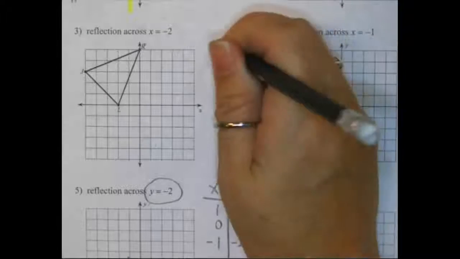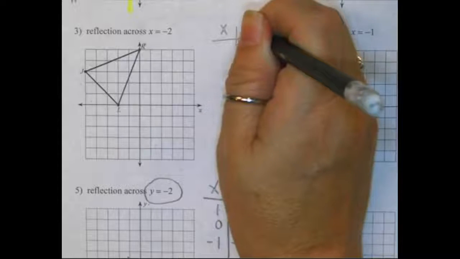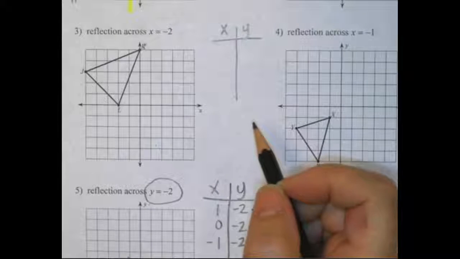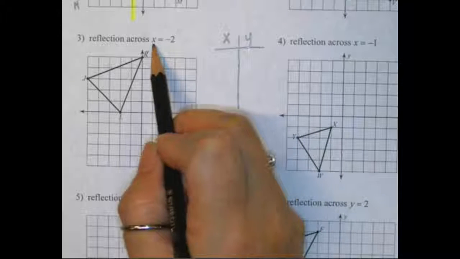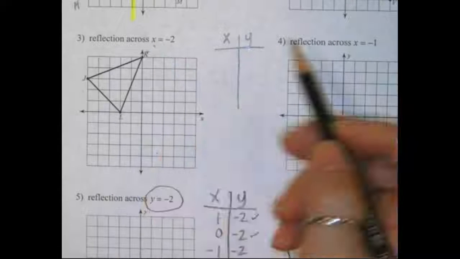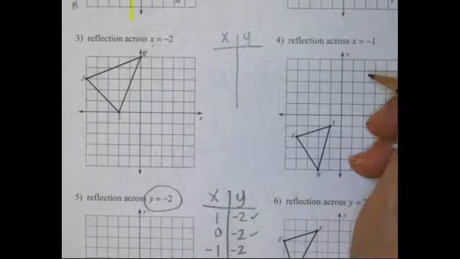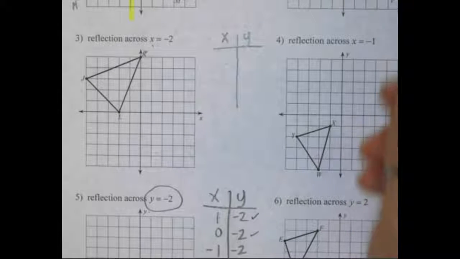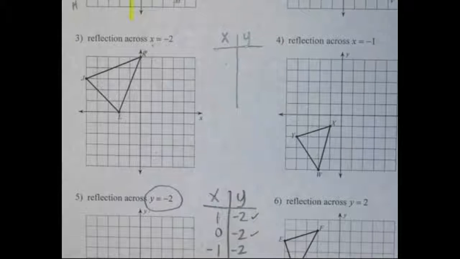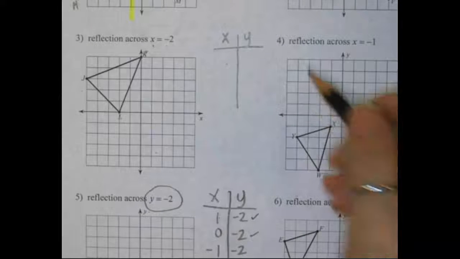So I'm going to do my T-chart, my X and my Y. And this is where I noticed some of you guys were struggling, okay? X is equal to -2, so X is always going to be -2. I'll wait. This is what I was watching.